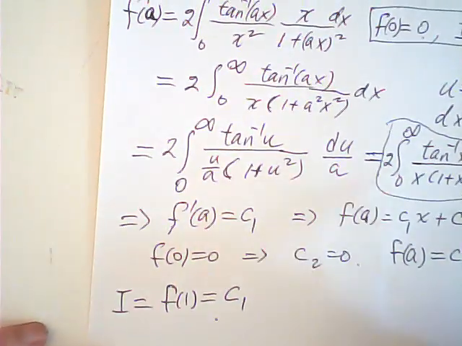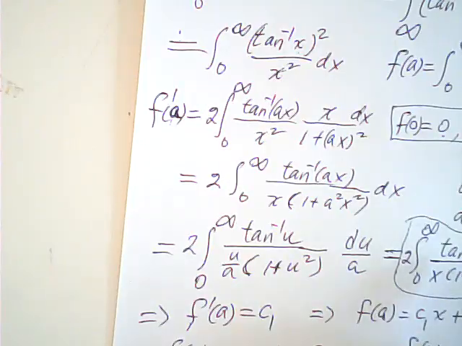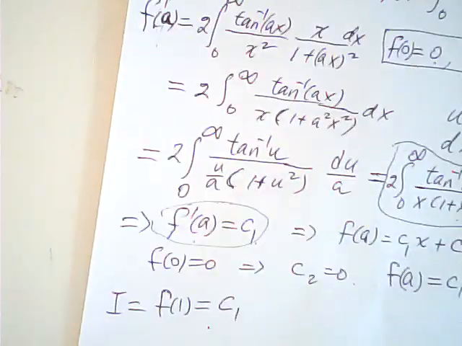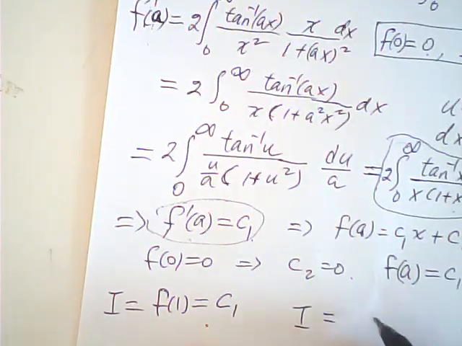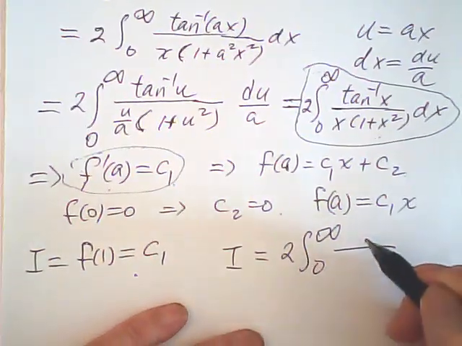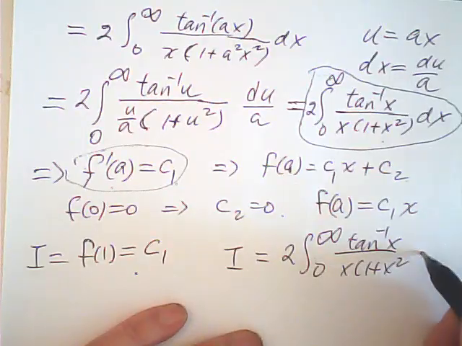And f prime of a equals c1, so we are looking for this integral, which is twice the integral of arctangent x over x times 1 plus x squared dx.